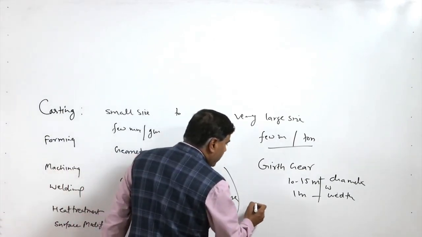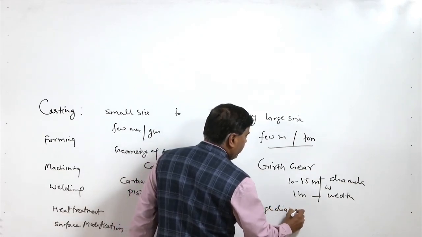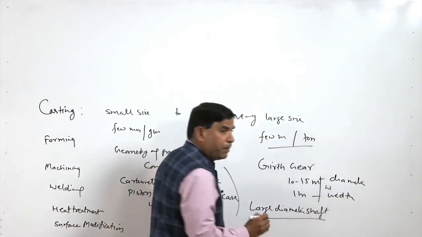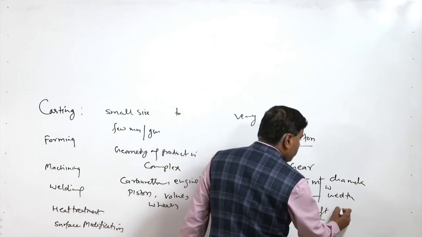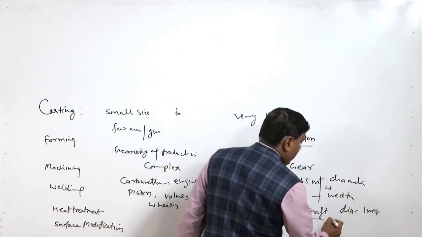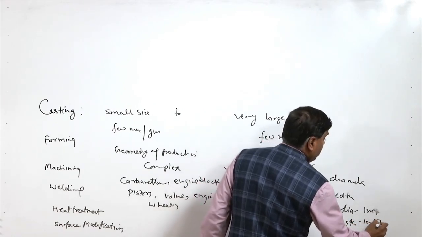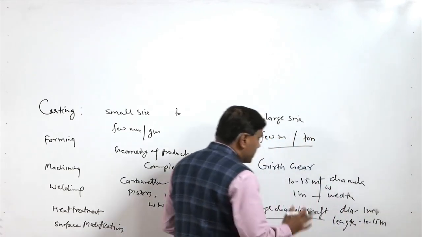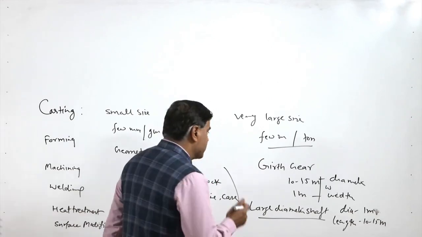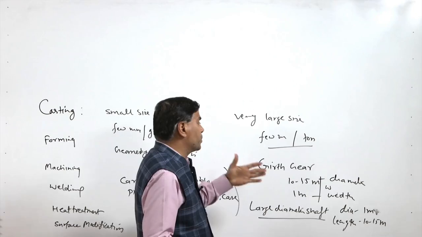Similarly, the large diameter shafts, for example, shafts used in the hydropower industry, are of say 1 meter diameter and maybe 10 to 15 meter length. Such large diameter and longer length shafts are made first by casting and then they are forged.